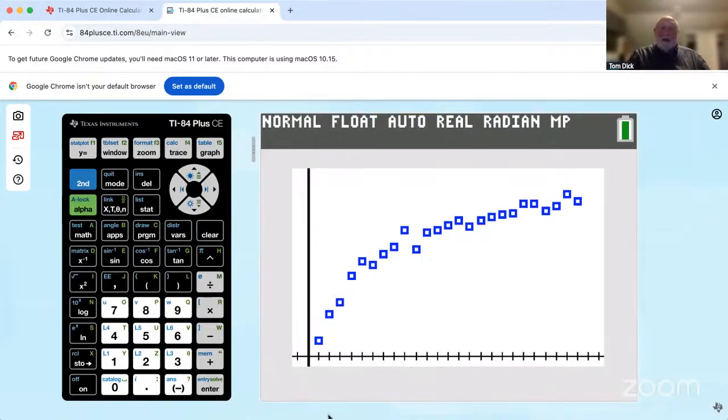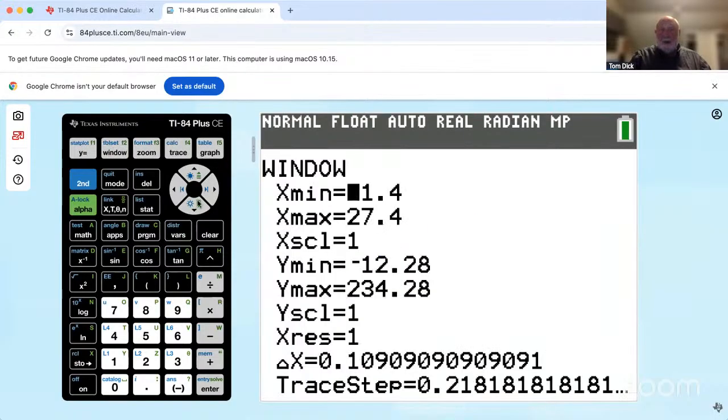However, I would draw a note to the y-axis here. It just looks like it's bold with no tick marks. Well, that's because there's a whole lot of tick marks, because the range here on the y-axis is really quite large. So what I want to do is go back to Window, and you see the X scale is 1.